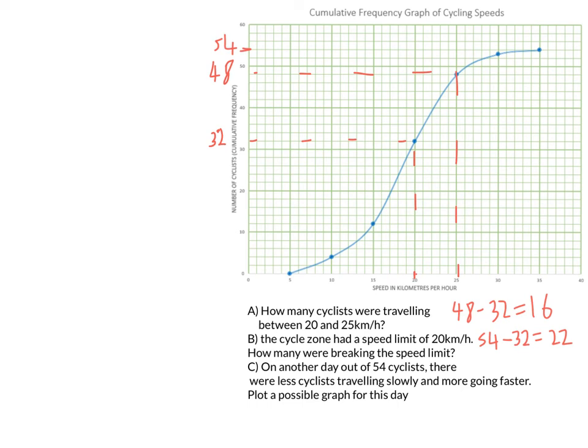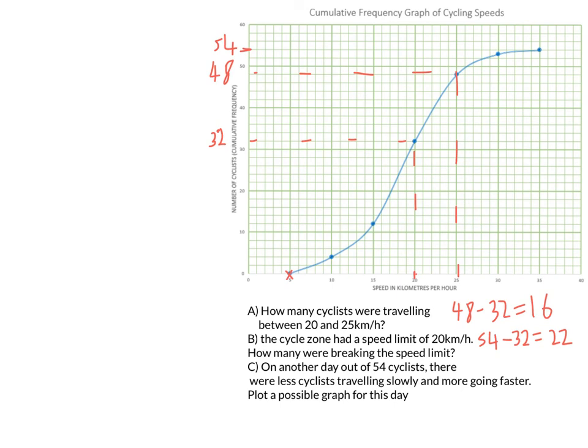Right, part C. On another day, out of 54 cyclists, so it's the same amount of cyclists as the last day, there were less cyclists travelling slowly and more going faster. Plot a possible graph for this day. So if there's less people travelling slowly, you'd have to have still 5, 0.